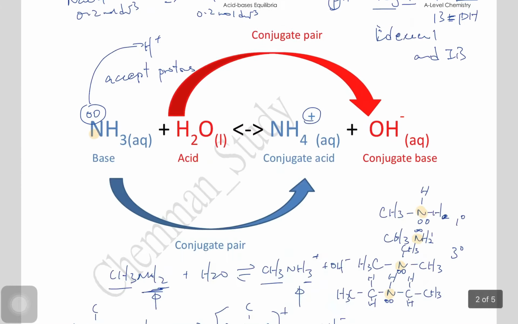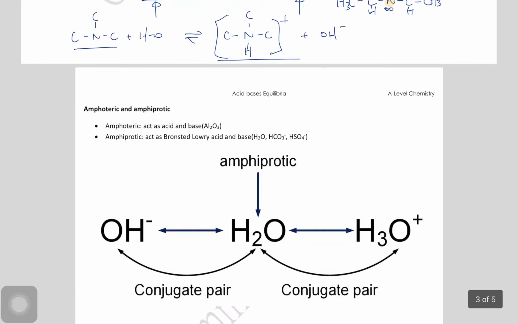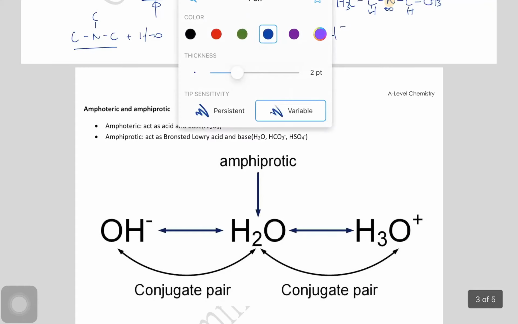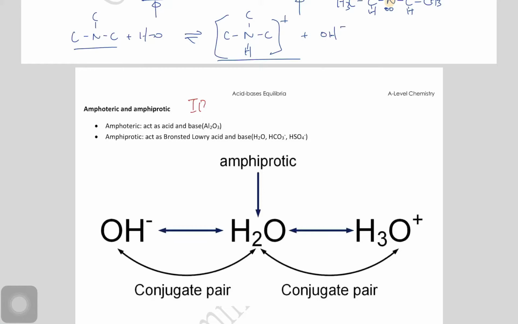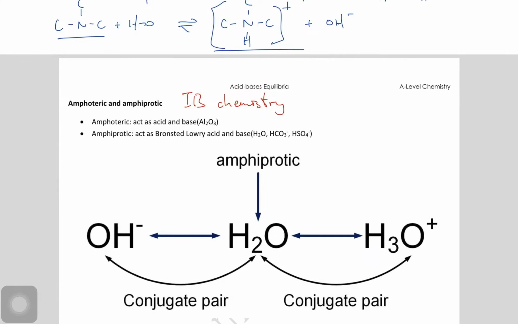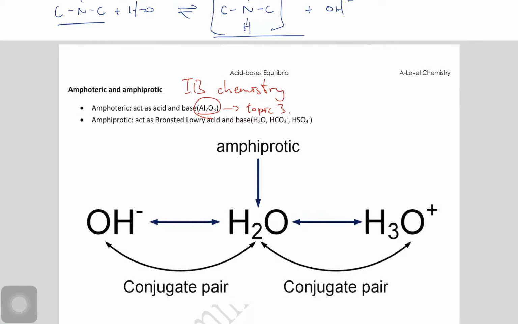Other than some basic calculation skills, another special requirement here is only for IB chemistry, which is the meaning of amphiprotic. In a previous topic, periodicity, topic 3, you already learned something called amphoteric, like aluminum oxide, which can act as an acid or a base. But here it is amphiprotic, which is more specific, referring to protons.